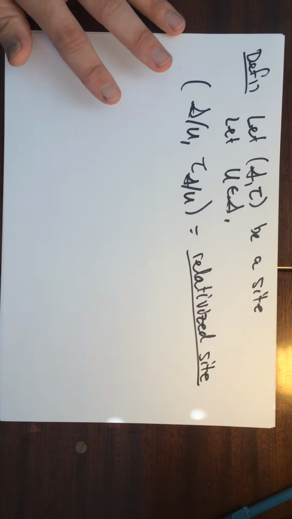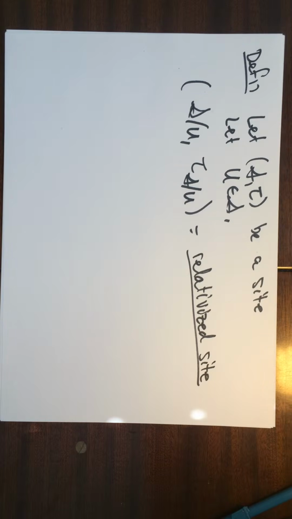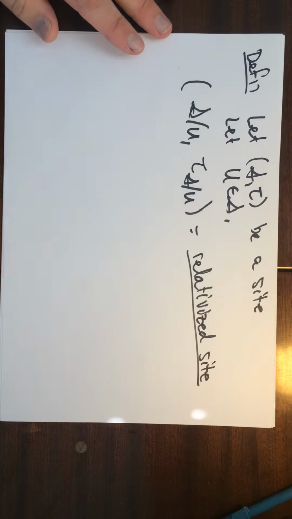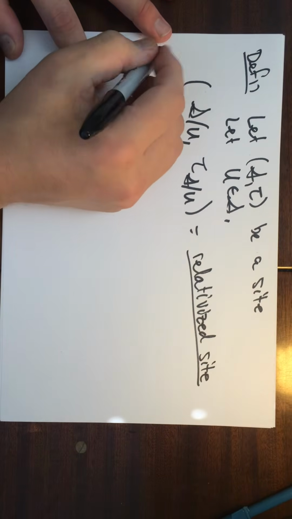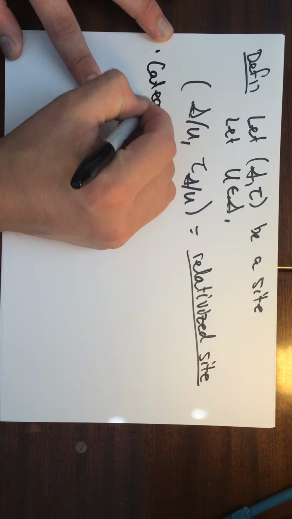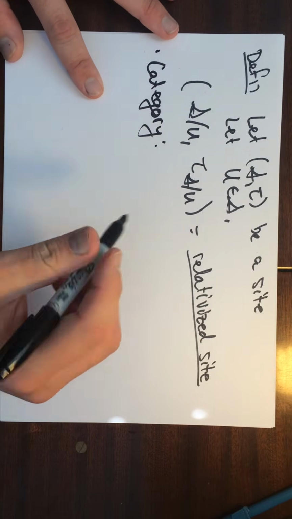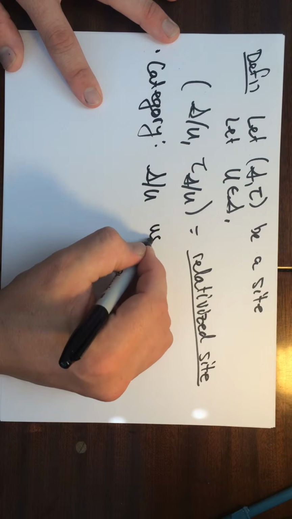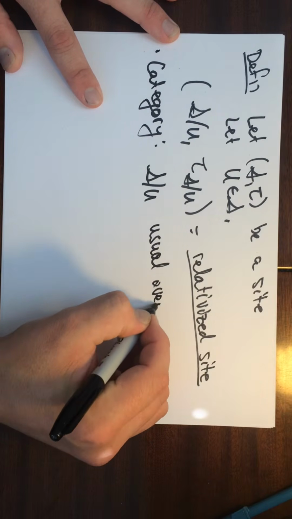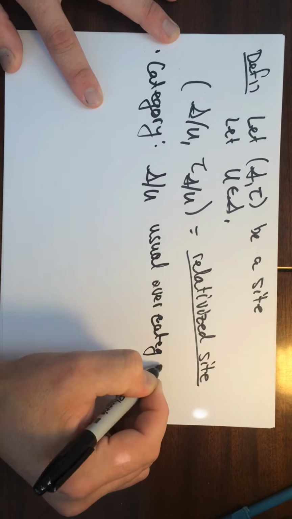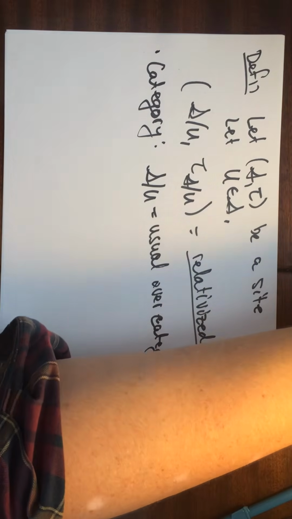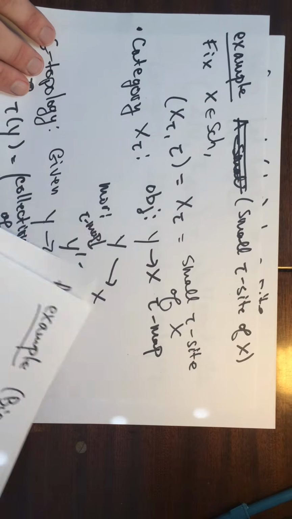In the Stacks project, they call this the localization of a category. But we already used localization, so I'm going to do this. I think this might be non-standard. But let me just say what this is. The category C over U is the usual over category. Okay, so I think I wrote it down already. You have these, and then you have these.